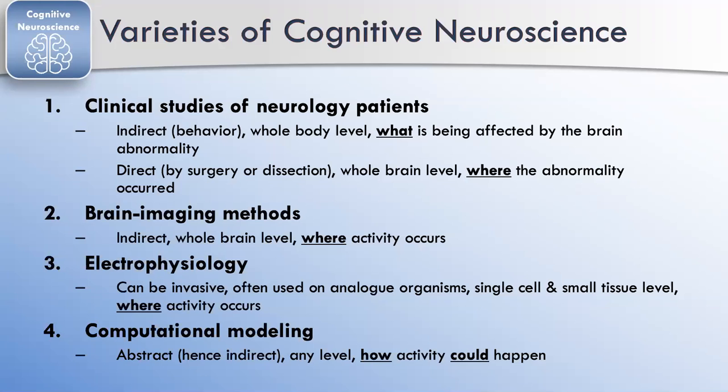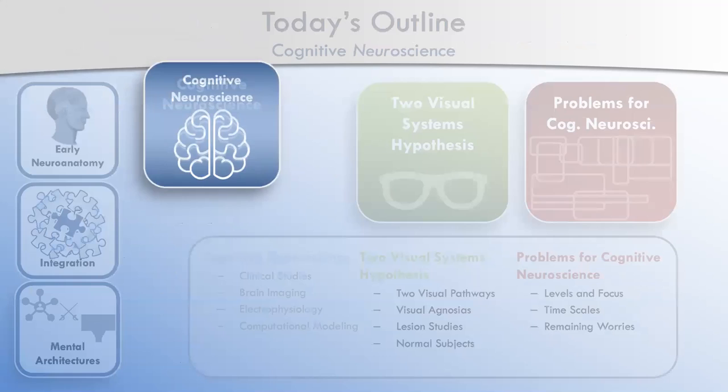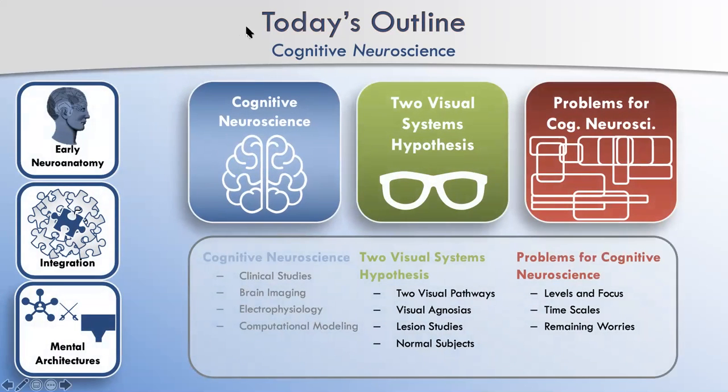These are all different questions. And we'll get to how to think about them all together in the next video, in the third section of this lecture. Okay, I'm going to stop here, and then the next video we're just going to talk about the two visual system hypothesis and some problems for cognitive neuroscience.